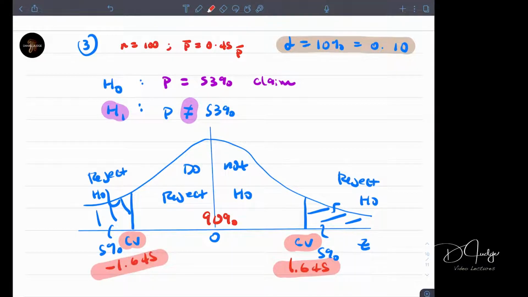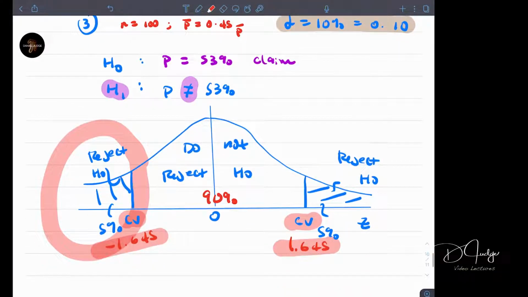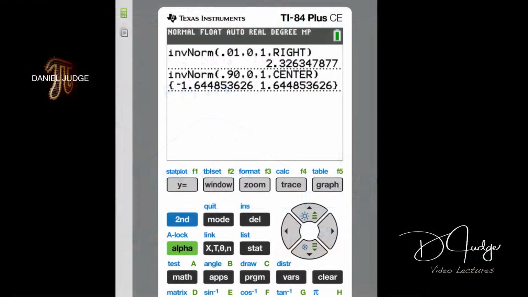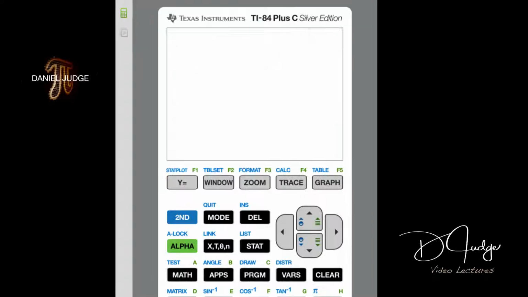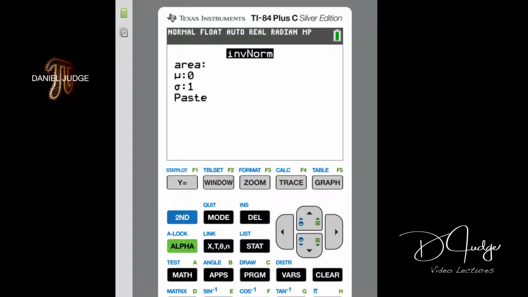The two critical values. Now, assume you have the default. Assume your calculator is not the latest and greatest. So you're going to use area to the left of that critical value. This is the default again. Area to the left. So notice what you do now. Now, see this? For the inverse norm, area to the left is 5%.